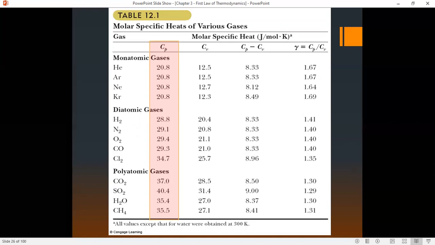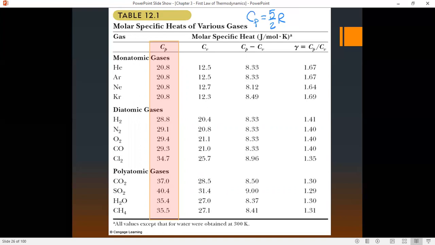As we said before, for an ideal gas, Cp, the molar heat capacity at constant pressure, is equal to 5/2 R, okay? R is roughly 8.3. So let's do this in our heads.